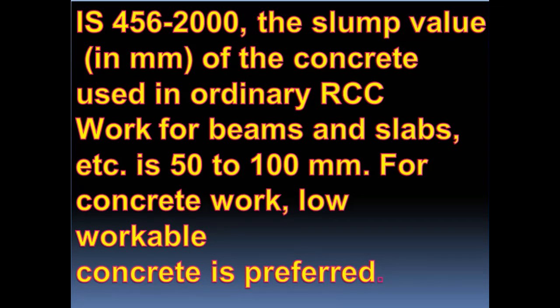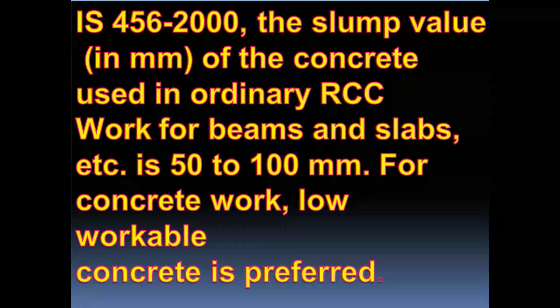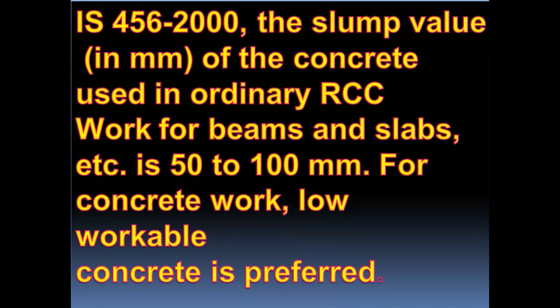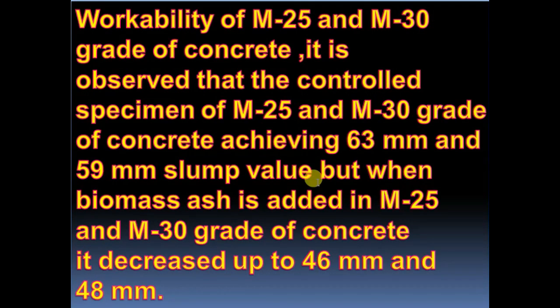So here right in front of you is IS code 456, in which we take the slump in mm, and for ordinary RCC work, that is for beams and slabs, it should be 50 to 100 mm. Then we have the workability of concrete, for higher grade concrete, that is M25.